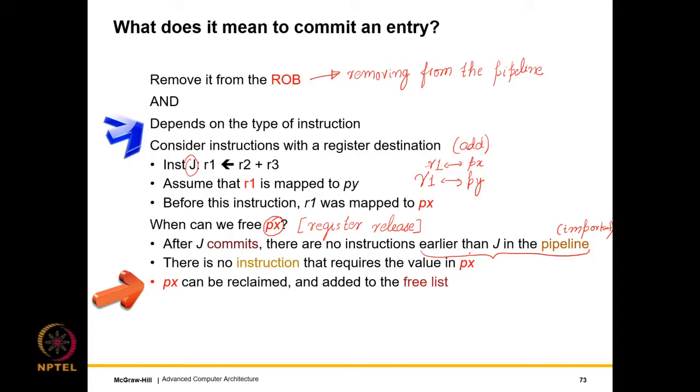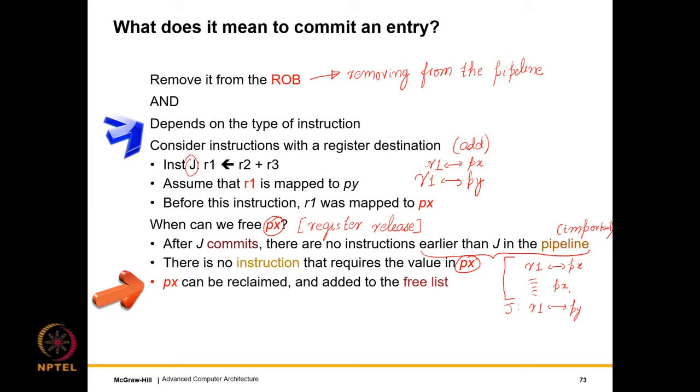This means that there is no instruction that requires the value in PX. This is correct because R1 was mapped to PX. Then a few instructions maybe came, some of them might be using PX. Then R1 got mapped to PY, a direct consequence of renaming instruction J. So once J is committed, it implies that all the instructions that precede it are also committed, which means that all the instructions that possibly use PX have committed and have left the pipeline.